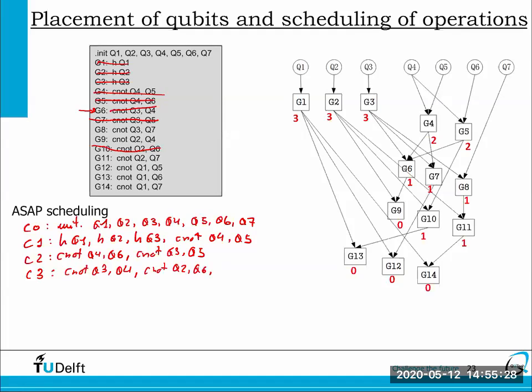Can I put Q7? No, because we're also already using Q2. And Q1, Q5? Yes, you can. Good.